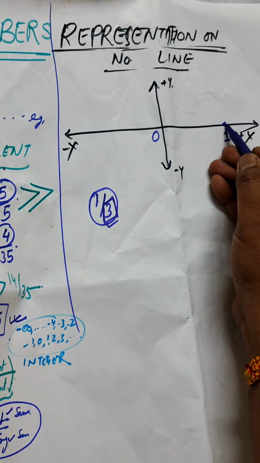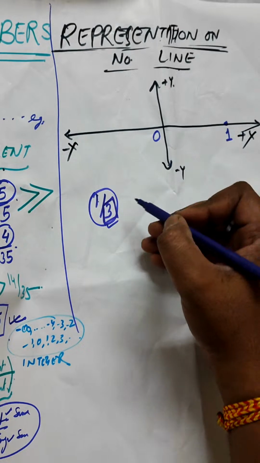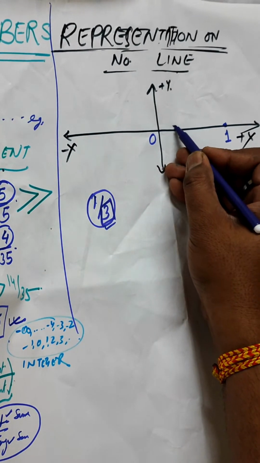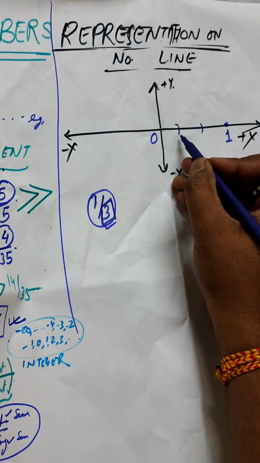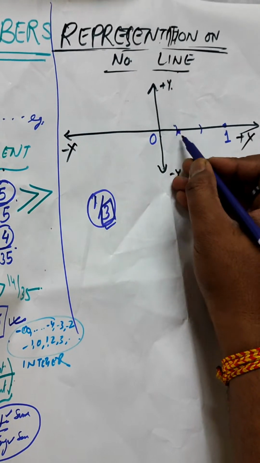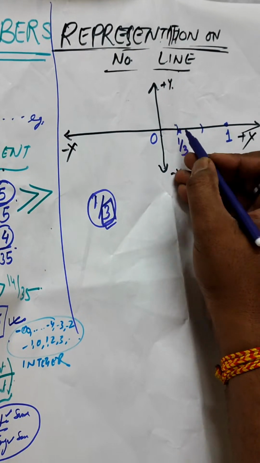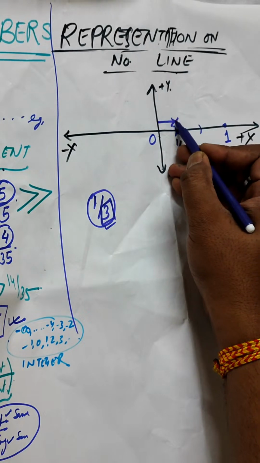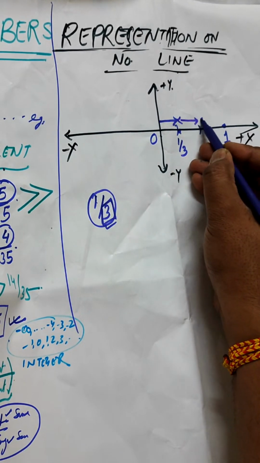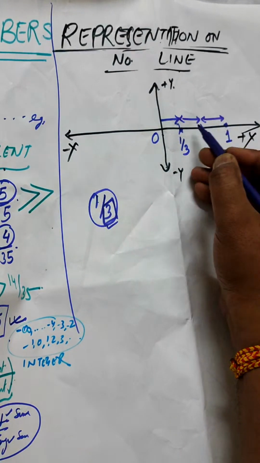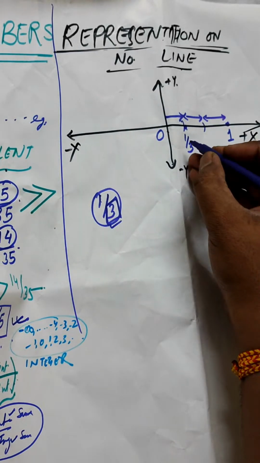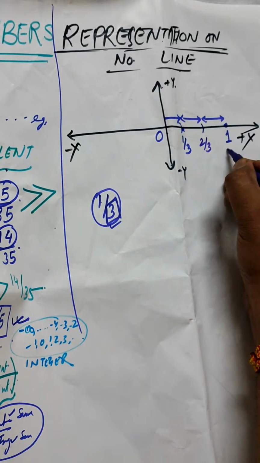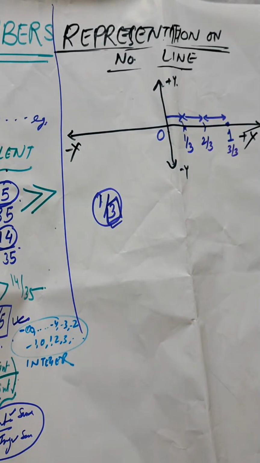So before reaching 1, you need to divide this 1 into 3 equal parts. Let's say 1, 2, 3. So we can represent this first part as 1 by 3. All three sections should be equal to each other, right? Then this section is 1 by 3, this will be 2 by 3, and this will be equal to 3 by 3, right?